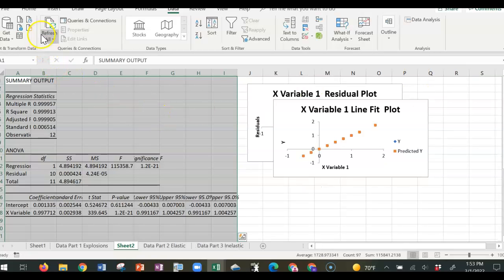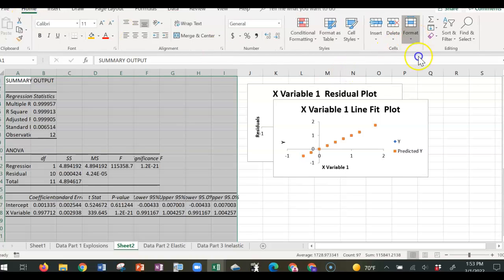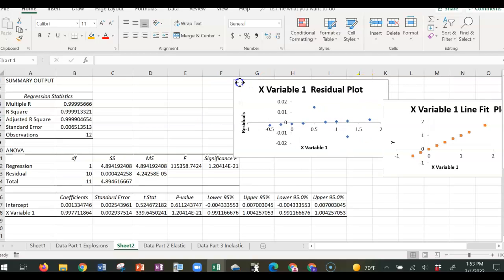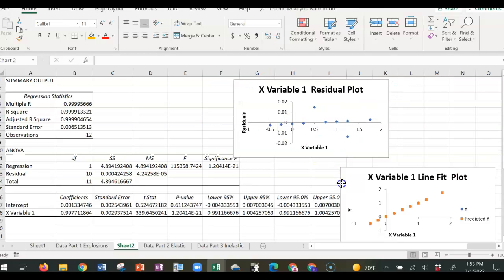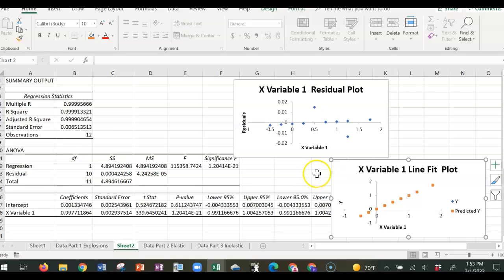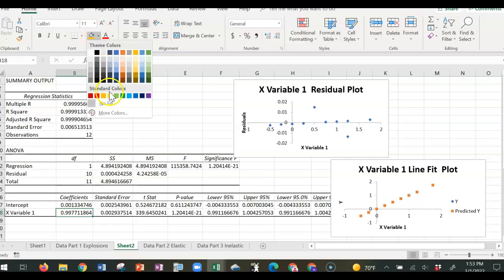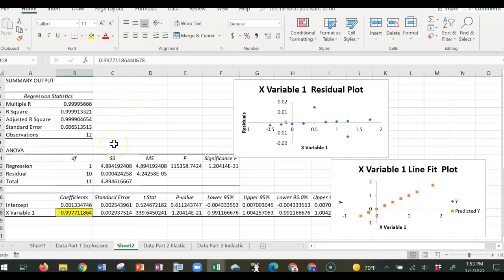Okay, so here's my results. I'm going to go to Home, Format, and Auto Fit the column width so that I can see everything clearly. And it looks like I have good results, a nice line fit plot. Here is my slope, 0.998 it looks like.